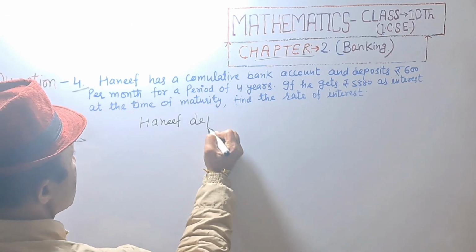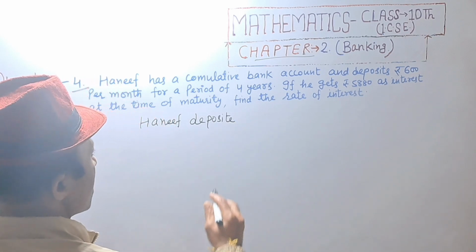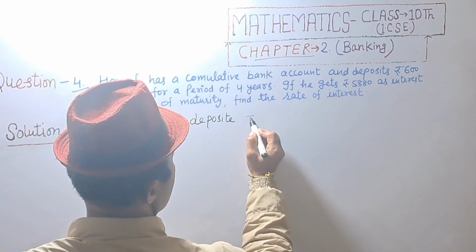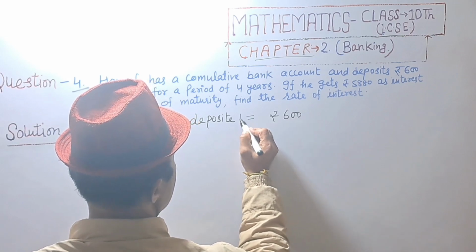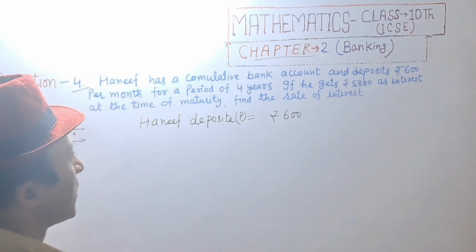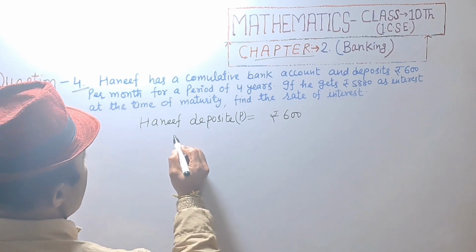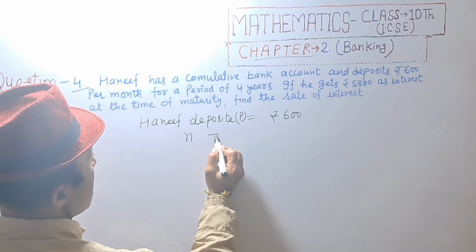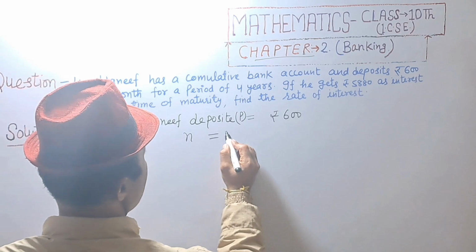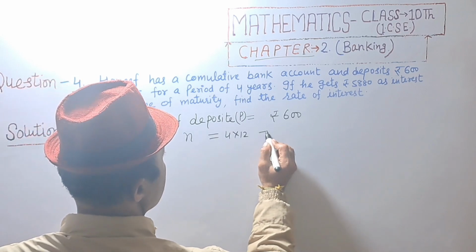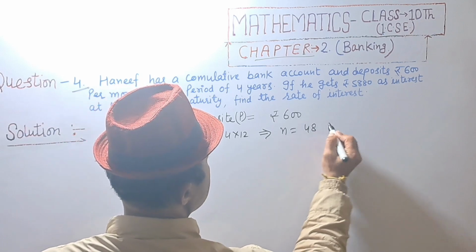Hanif deposits is equal to rupees 600. And per month for a period of 4 years, 4 multiplied by 12, which implies N is equal to 48 months.